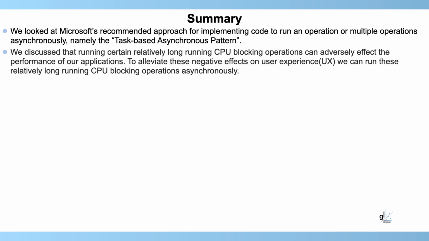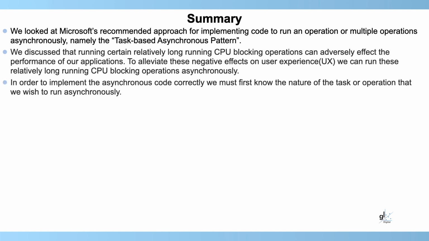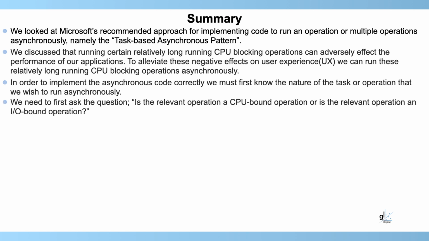To alleviate these negative effects on user experience, UX, we can run these operations asynchronously. In order to implement the asynchronous code correctly, we first need to know the nature of the operations that we wish to run asynchronously. We need to first ask the question: is the relevant operation a CPU-bound operation, or an I/O-bound operation?